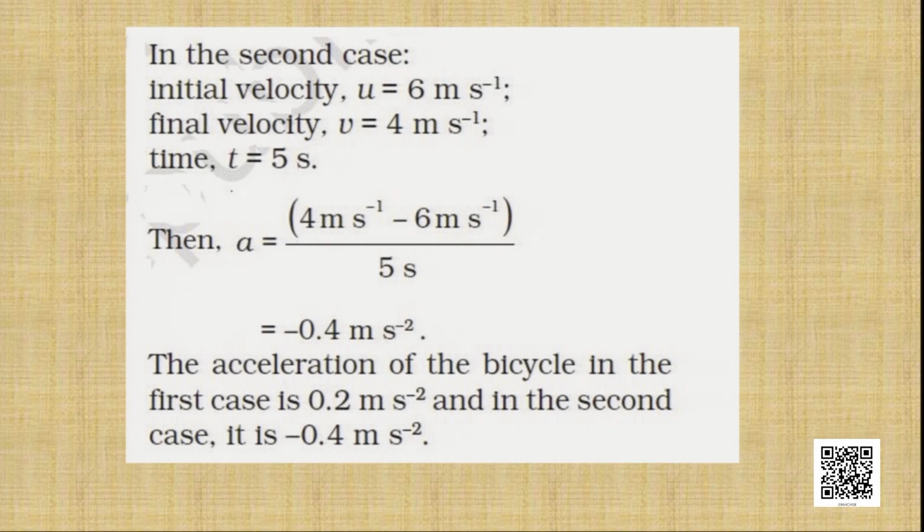By substituting the values and solving it, we get a value of 0.4 meter per second square, in negative. The negative sign indicates that there is a retardation. So we can say the acceleration of the bicycle in the first case is 0.2 meter per second square, and in the second it is minus 0.4 meter per second square.